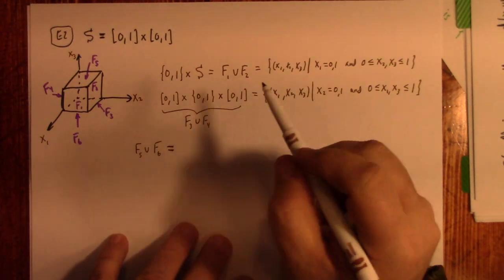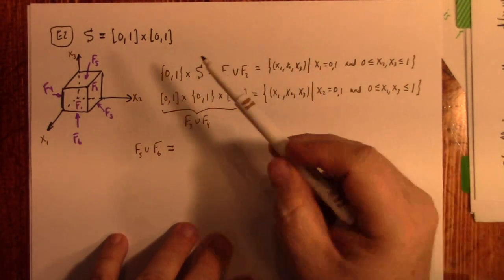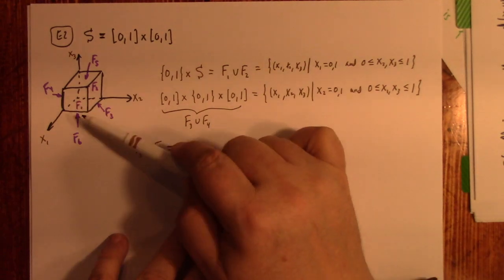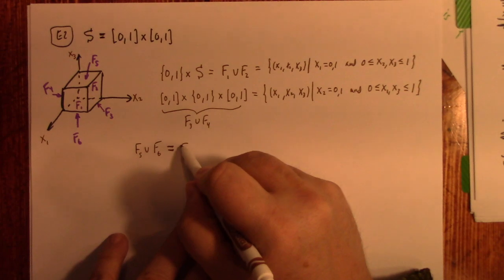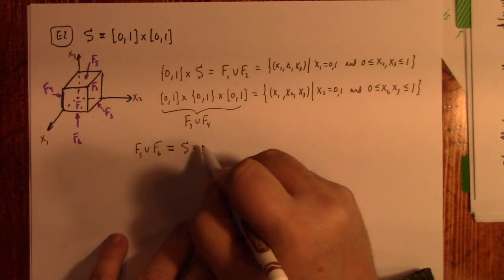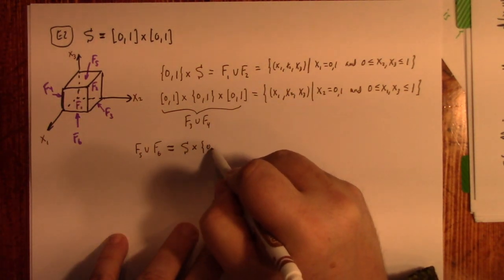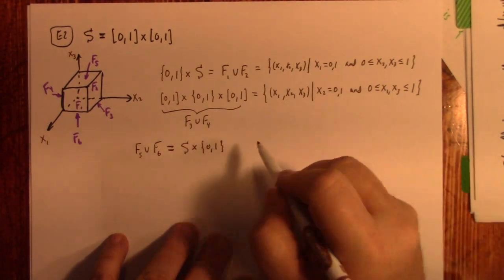Let's see if I can build that using my square again. Maybe, maybe not. Let's see here, 5 and 6, the top and the bottom, right? So I think that one I can do like the square Cartesian product with, again, the set 0 and 1, but this time playing the role for x3.